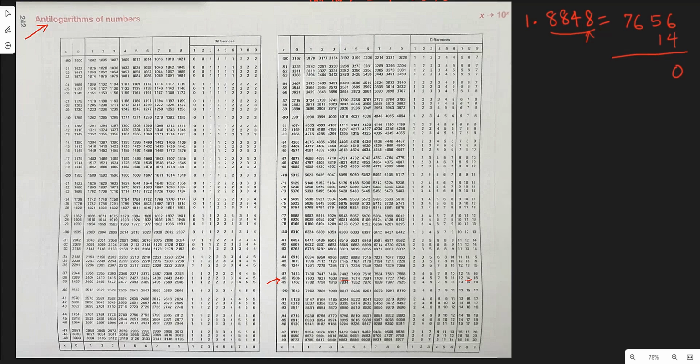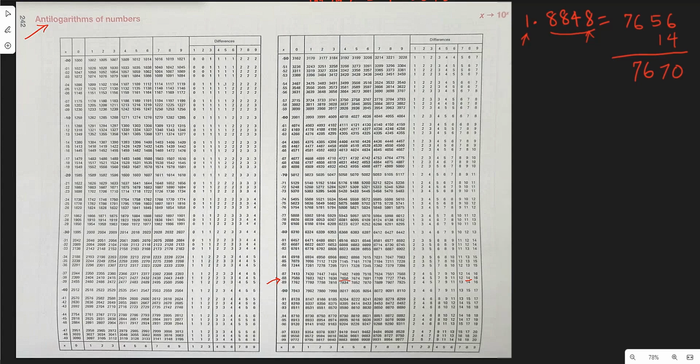Now 7656 plus 14 gives me 7670. But I have another integer here, which is 1, and that gives me the position of the decimal point.